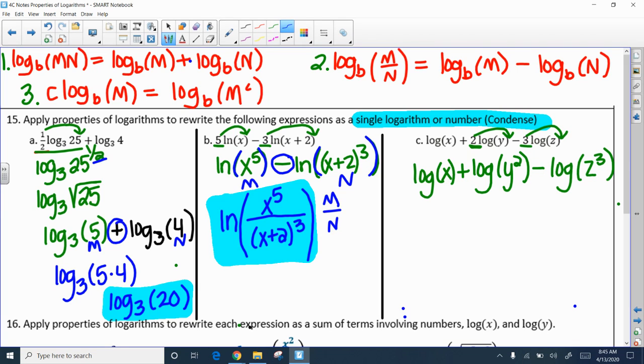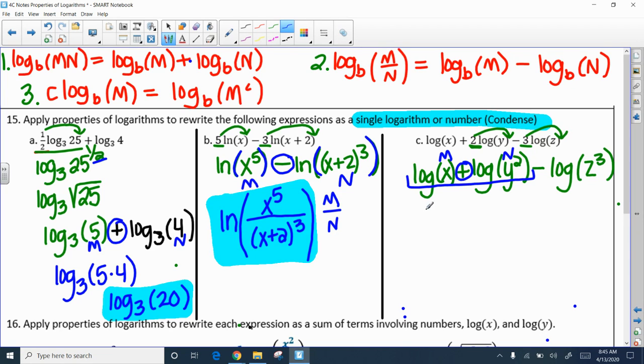So now when I condense, since I have plus and minus, I'm just going to go in order from left to right. So I'm going to condense these two together first. So these ones have a plus sign in between. So this is in the form, I'm using property 1 here, log base b of m plus log base b of n.